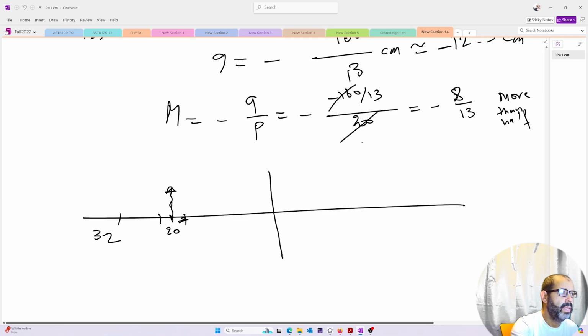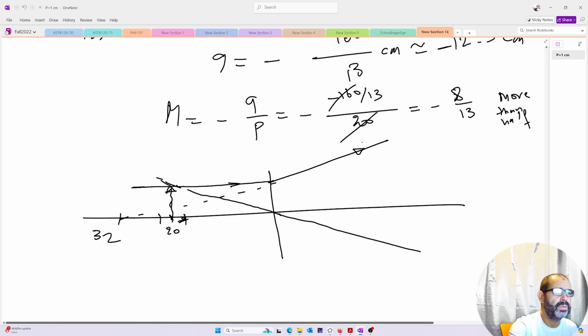Okay? And the ray that comes parallel to the optical axis, it's as if coming from this side, and it's going to diverge this way. The ray that goes through the axis of symmetry, this ray has an incoming angle of 0 degrees. So this is ray 1, this is ray 2.